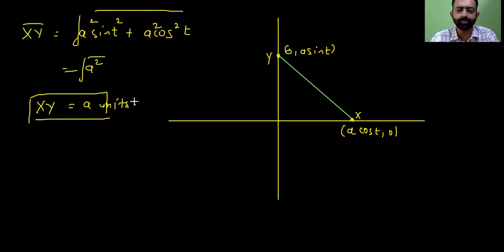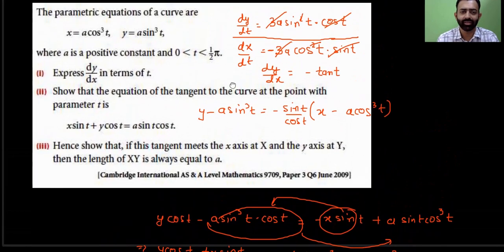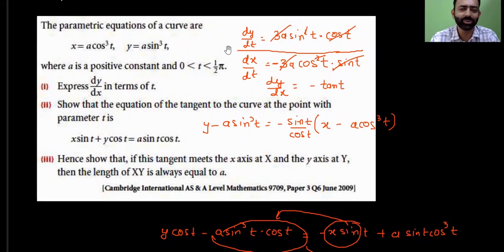If you see the question at one look, it will look like a very long, very complex question. How can we find the x and y intercepts, and there are sine cube theta and cos cube theta, how can we manage? And then there is parametric differentiation also, and the chain rule.